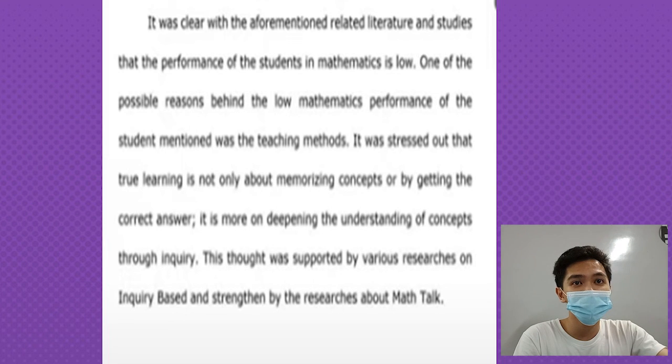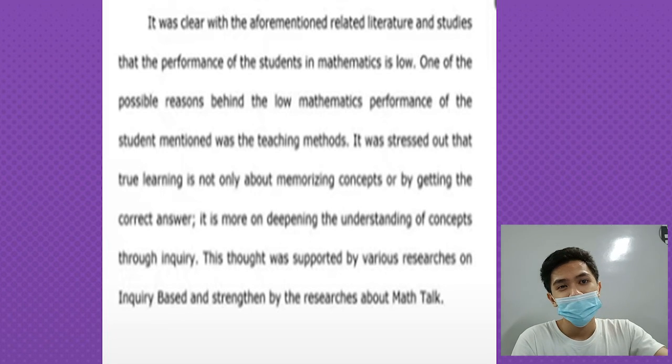It was stressed that true learning is not only about memorizing concepts or getting the correct answer. It is more on deepening the understanding of concepts through inquiry. This thought was adopted by various researches on inquiry-based learning and strengthened by the researches about math talk. So this paragraph is what we call the grand synthesis.